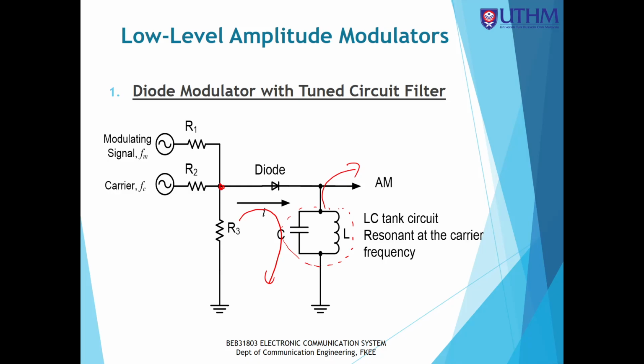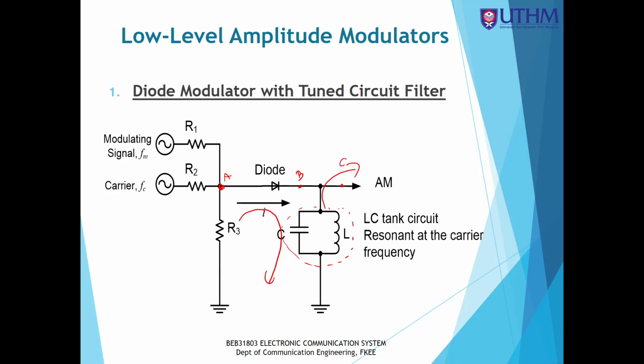That means at the carrier frequency it will operate, it will resonate, it will function. In the previous exam, we asked the student to draw the waveform at point A, at point B, and at point C.